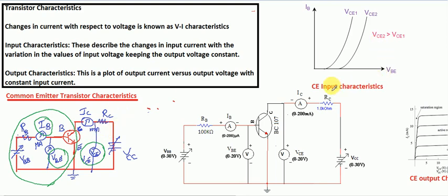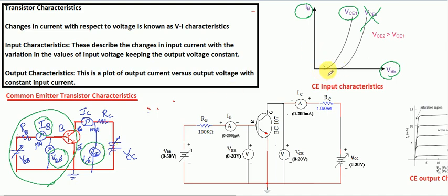So that is a graph. You can see the common emitter input characteristics. It is a variation of IB with respect to VBE. IB is the input current and VBE is the input voltage, at constant output voltage, VCE. You can see the shape of the graph. Just consider only one graph there, no need for the second one. The first graph is similar to the diode characteristic we learned, because it is only a PN junction.